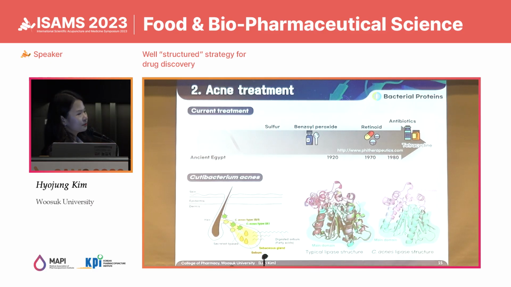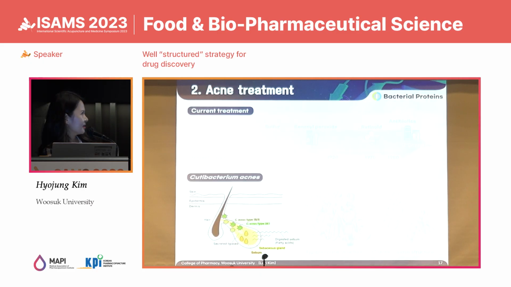So I try to develop a new treatment to treat the acne symptom, and I'm focusing on how C. acnes lives in our skin. C. acnes lives in our sebaceous gland, and they digest the sebaceous gland to get their energy, and they release lipases, and those lipases digest sebum lipids, resulting in fatty acids.